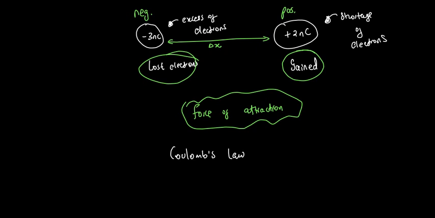This is a law that he used to explain what happens when charges are a certain distance from each other. It's just like you and me. If I'm next to you, there is a force of attraction between us, and it is much stronger when we are close together. But if you move away from me, the force of attraction becomes less.